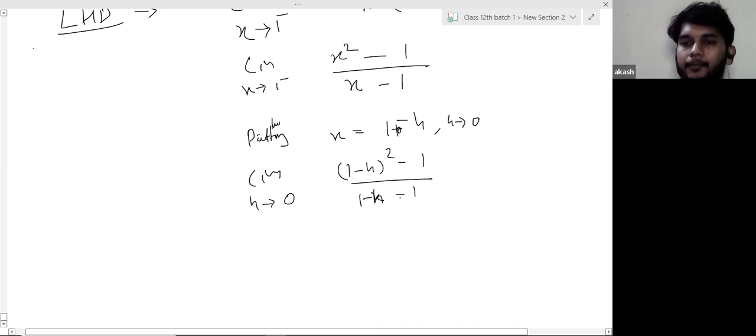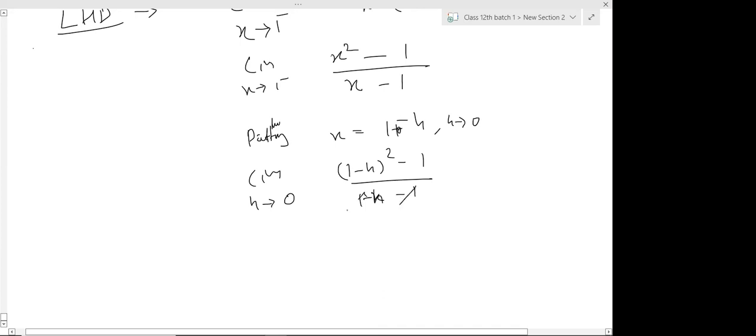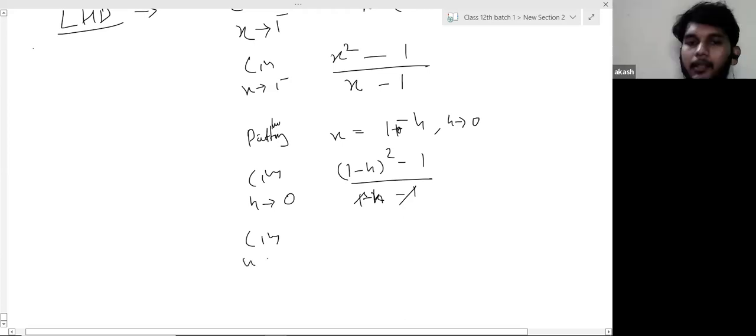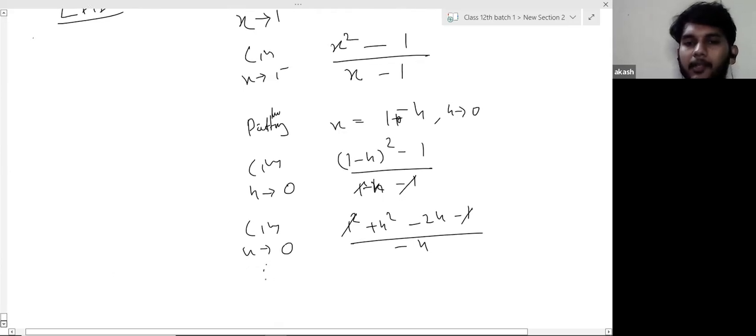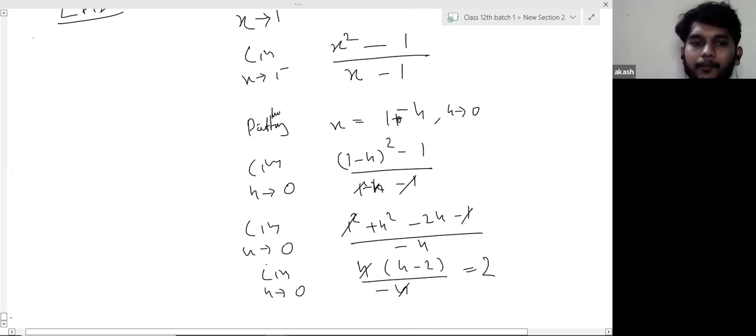This is clear? Yes, sir. So minus 1 is cancelled here. So limit h tending to 0, 1 square plus h square minus 2h minus 1 upon minus h. So this is also cancelled. So finally, limit h tending to 0, taking h common, h minus 2 upon minus h. So this is cancelled. Now we can directly put h equals 0. So the answer is 2 for LHD. All right, Krishna. Yes, sir.